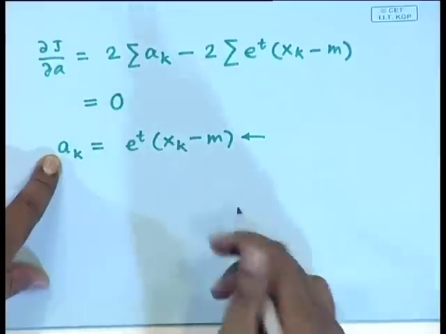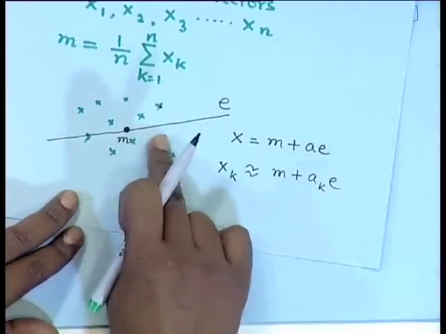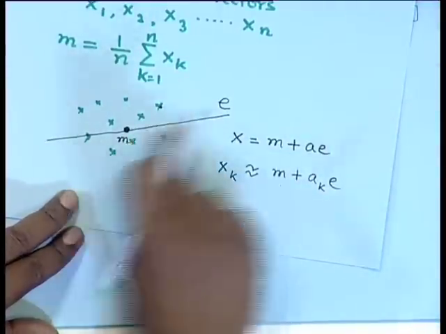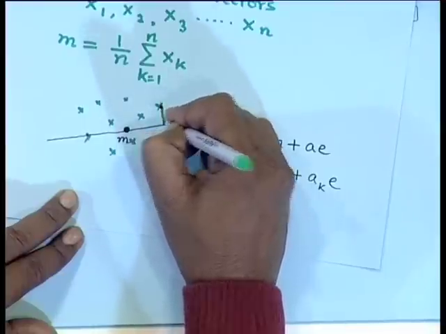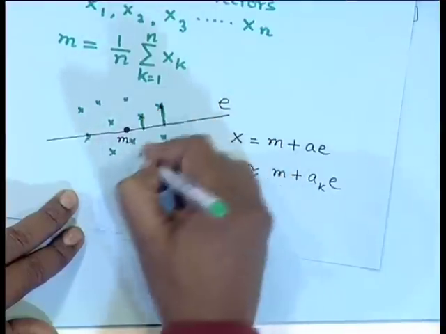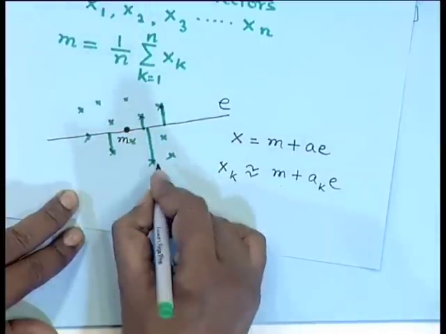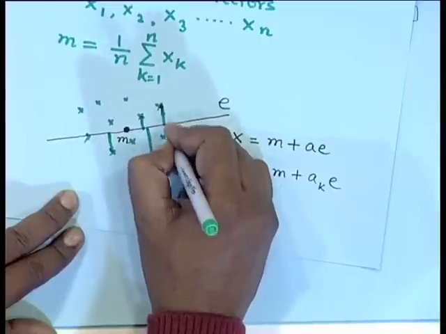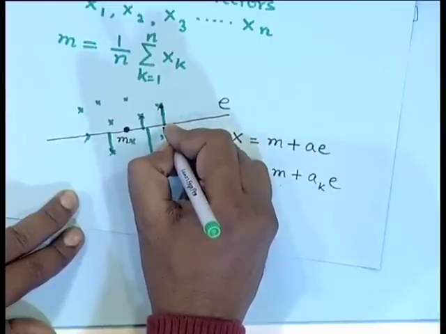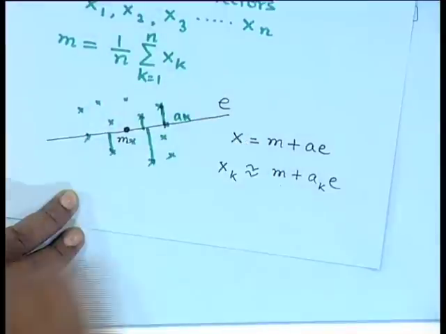So, when I have these sets of points, this a k represents these projected points onto this line, and how do I compute this? This is nothing but the projections of different x k's onto this line, and this projection is an orthogonal projection, which gives me the position a k.